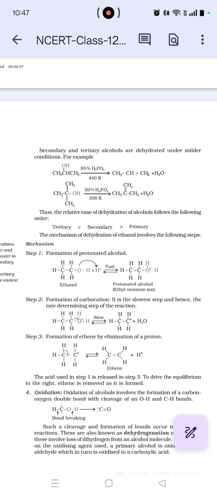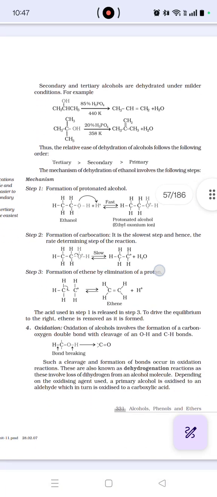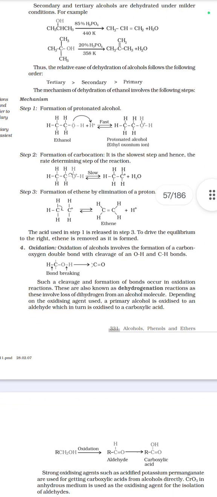It is the slowest step and hence the rate determining step of the reaction. Step 3: formation of ethene by elimination of a proton. The acid used in step 1 is released in step 3 to drive the equilibrium to the right. Ethene is removed as it is formed.